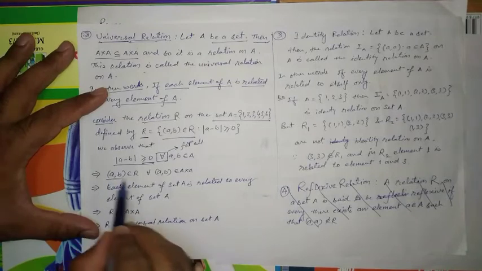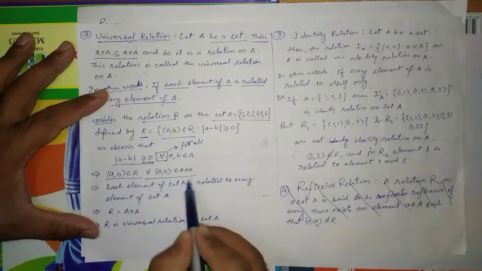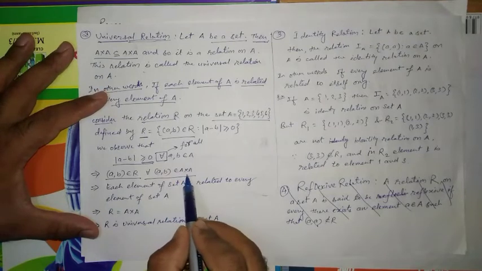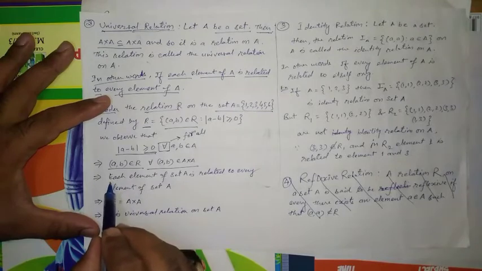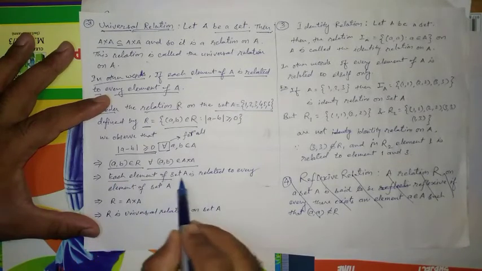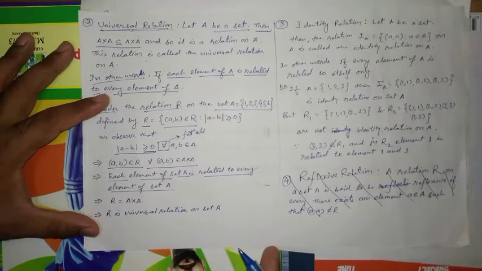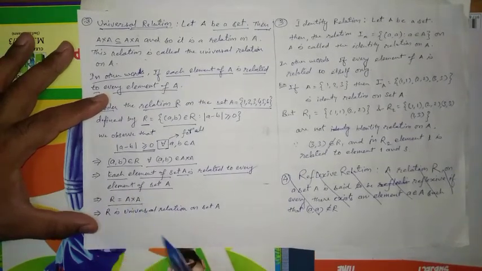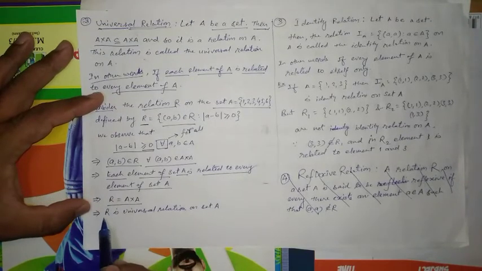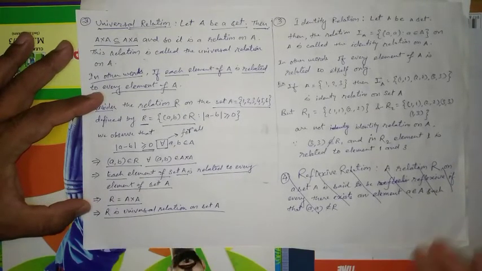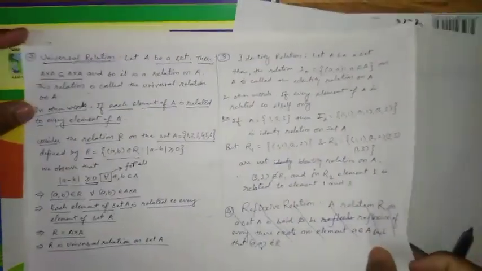So (a, b) belongs to R for all (a, b) belonging to A cross A. Each element of set A is related to every element of set A itself. So R is equal to A cross A. Therefore R is the universal relation on set A.